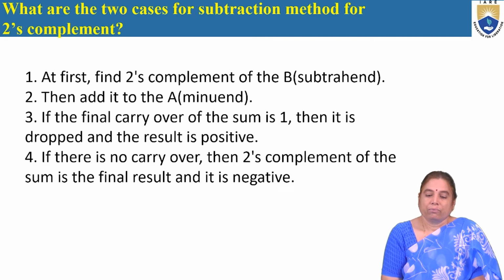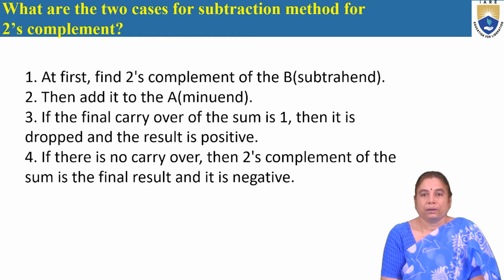Next question. What are the two cases for the subtraction method for 2's complement? In the 2's complement subtraction, the process is, first step, find the 2's complement of B, that is the subtrahend. Then add it to A, the minuend.